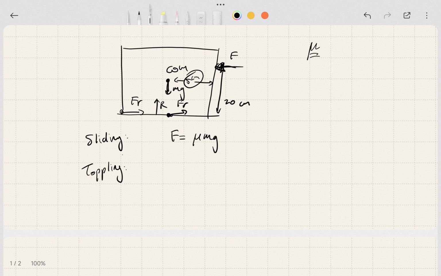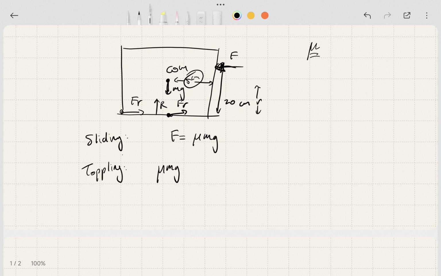Okay, so let's say mu mg is the resistive force, and let's say this is R here.